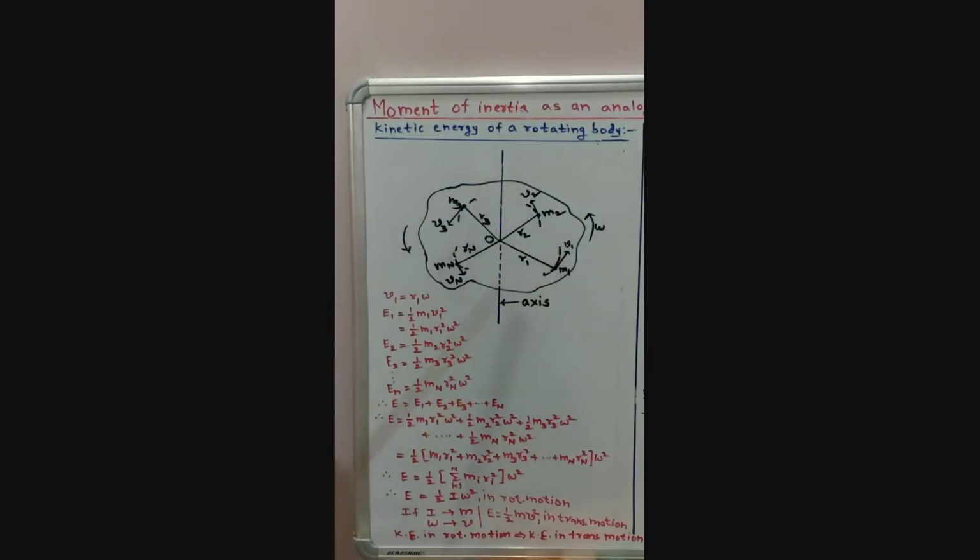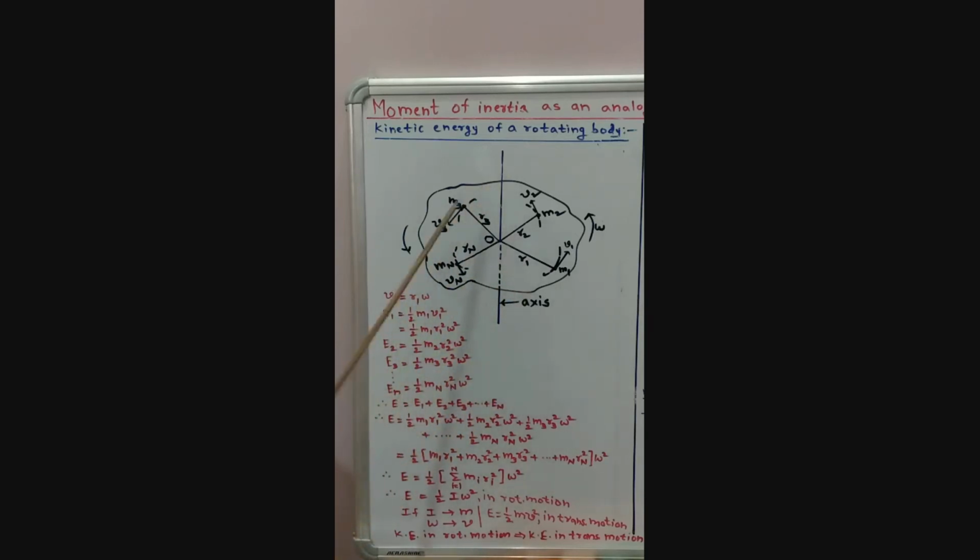Consider a rigid body rotating with constant angular velocity about an axis passing through point O. Let the body consist of n particles of masses m1, m2, m3, etc. mn situated at distances r1, r2, r3, etc. rn respectively from the axis of rotation.